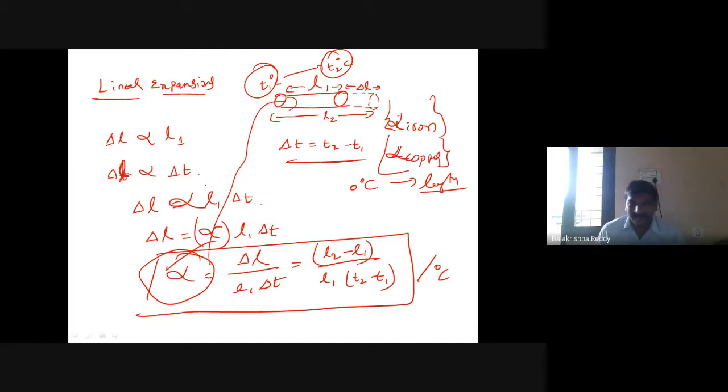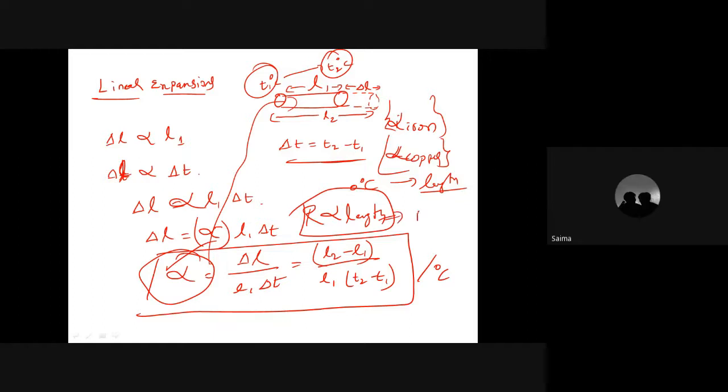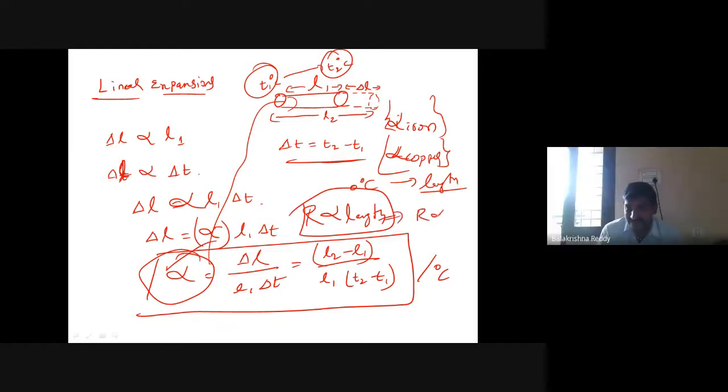So why have I told all this back history of length increasing, and how the linear coefficient of expansion came about? Because here there is a relation for us: resistance is directly proportional to the length. If resistance increases, there must be some change in the length.